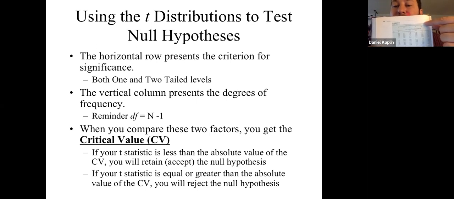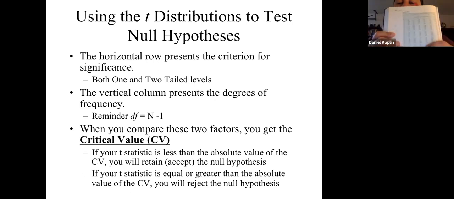Remember our alpha, if it's 0.05, right? 0.01 if it's more stringent, 0.10 if lenient. I think we talked about that. That's across the top, right? Now you'll notice that it has a value for a one-tail test and a two-tail test. And then when we go down the side, you can see the number of degrees of freedom.